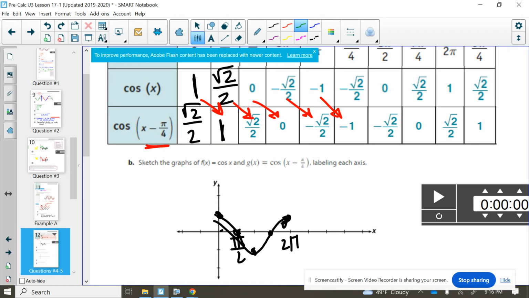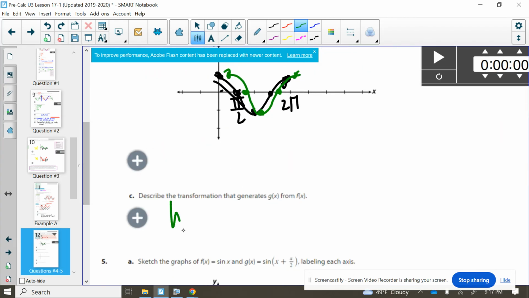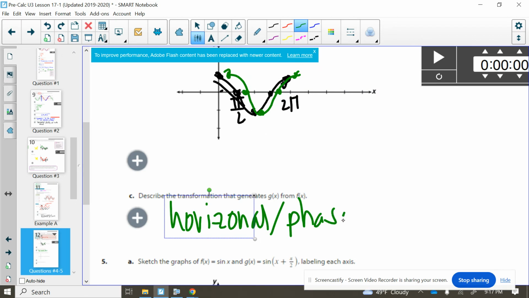If we shift everything over, this is going to be at pi over 4 now. This shifts over halfway, shifts halfway, shift again. So all of these are moving pi over 4 to the right. And again, we would call this a horizontal, or sometimes they call that with trig a phase shift, right pi over 4.